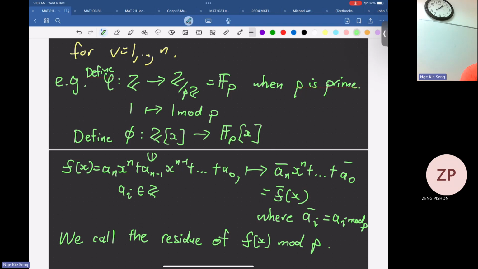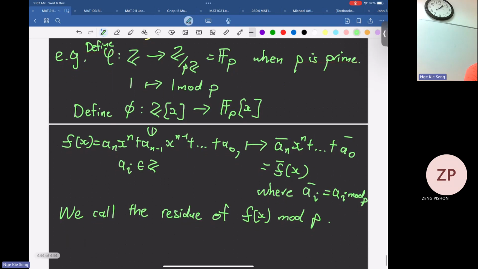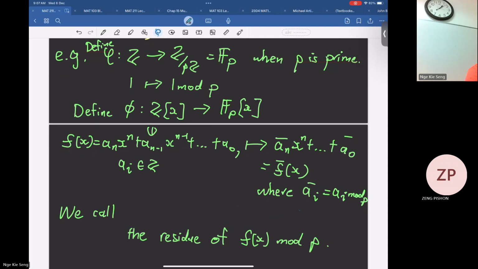Residue is something left over. If I reduce the coefficients mod p, then the resulting polynomial is what is left over from f(x) mod p. So this is notation and terminology.